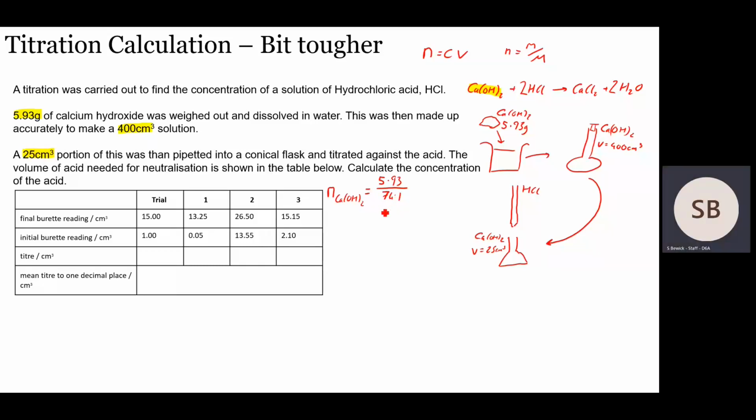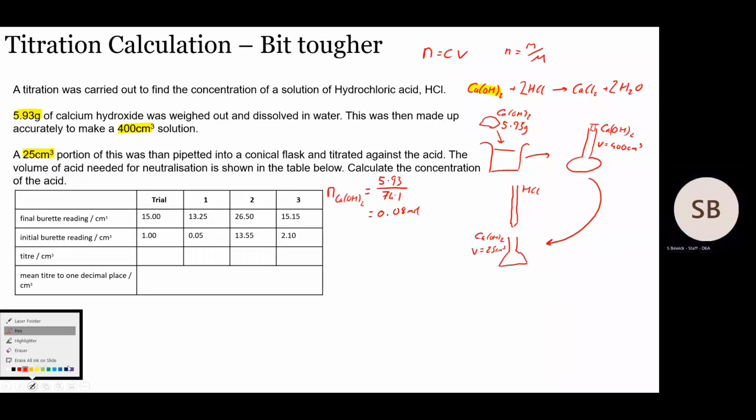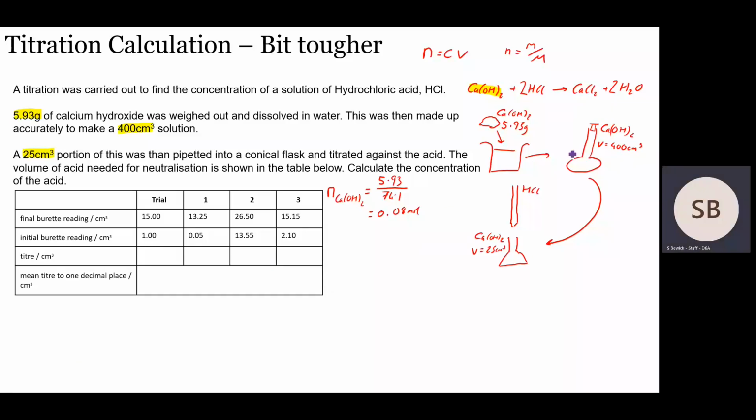So it's going to be the mass of calcium plus 2 times the mass of hydroxide ion. And that means we've got 0.08 moles. So that's how many moles we've got in our solution. So let's actually add that to our diagram. Because just because you draw a diagram to help you know what's going on, you might as well add the other information we've got onto it.